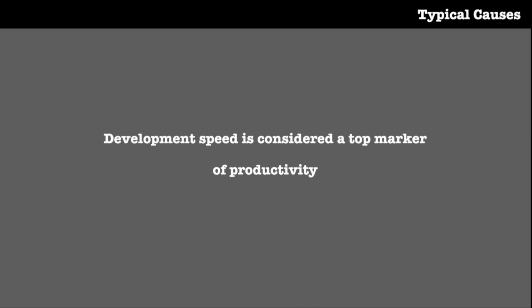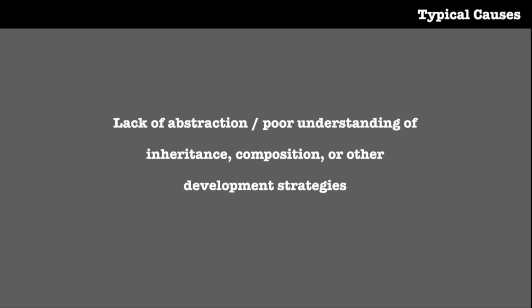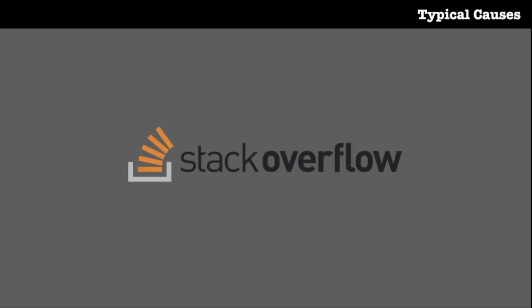Wrongly, your managers might be thinking, if you're not pushing out 100 lines of code a minute, then you're not working hard. And then lack of abstraction or poor understanding of OOP principles really comes down to inexperienced developers. And another typical cause of copy and paste programming is Stack Overflow.